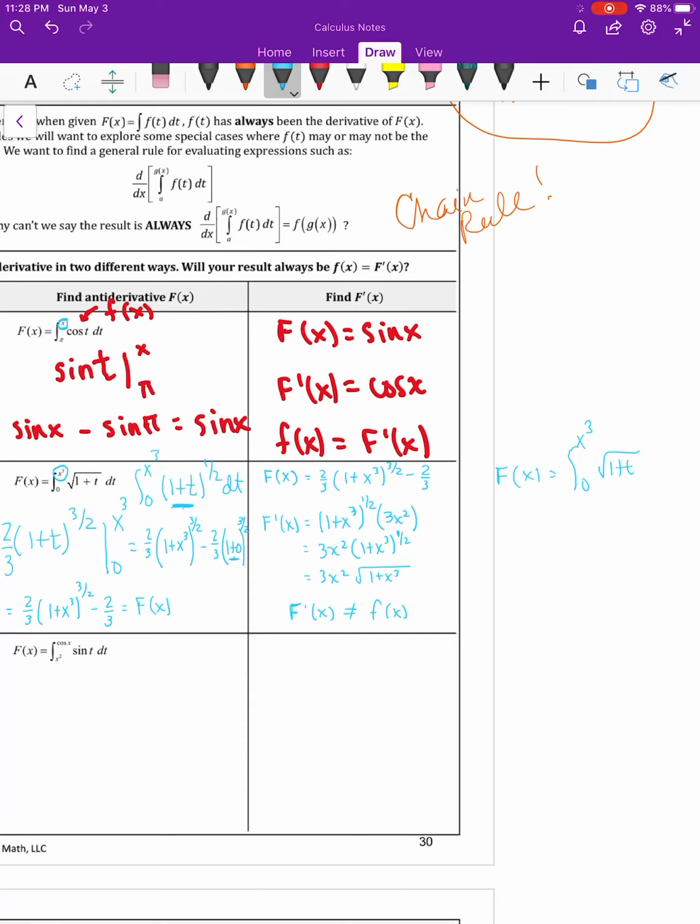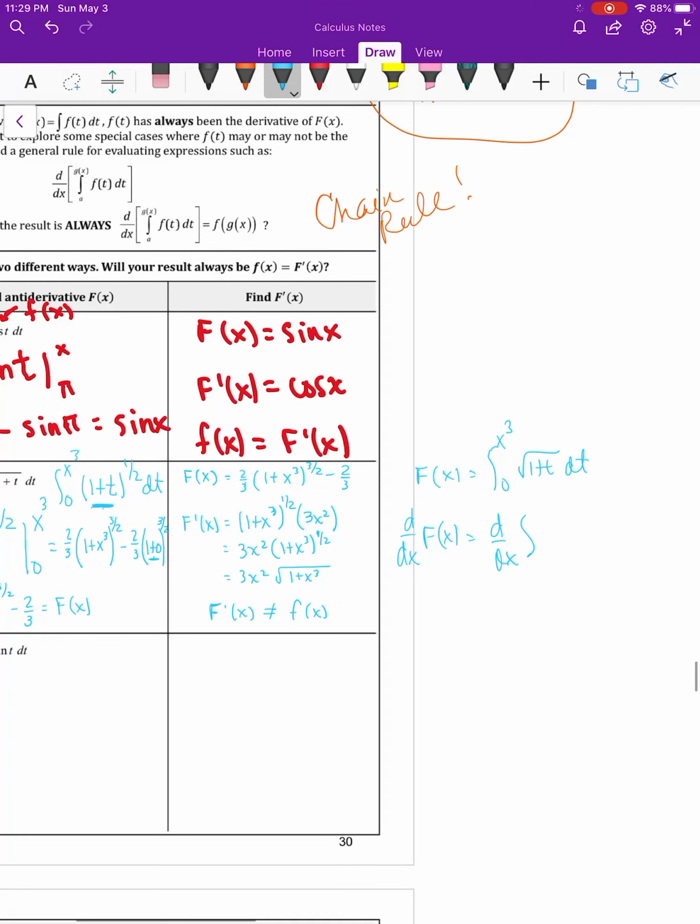And so hopefully you're seeing that, in the end, we're trying to take this F of x equals the integral from 0 to x cubed of the square root of 1 plus t dt, and we want to take the derivative of both sides.